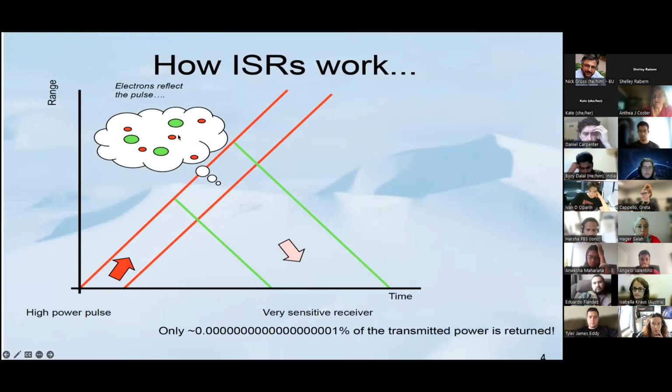It reflects off the electrons, which are kind of being controlled by the ion motion. And then we receive it with a very sensitive receiver. And I forget how many zeros are here, but only a very, very small fraction of the transmitted power is returned. So that reason right there is why you need such a large radar to actually measure this.